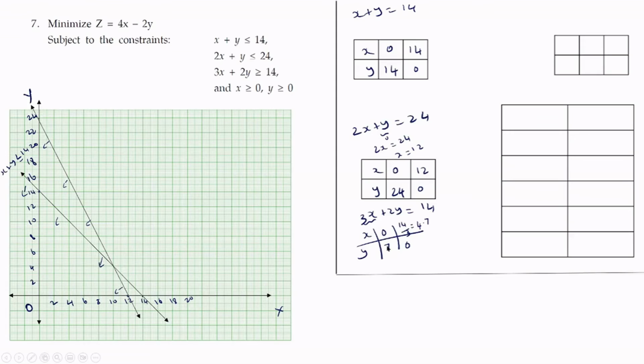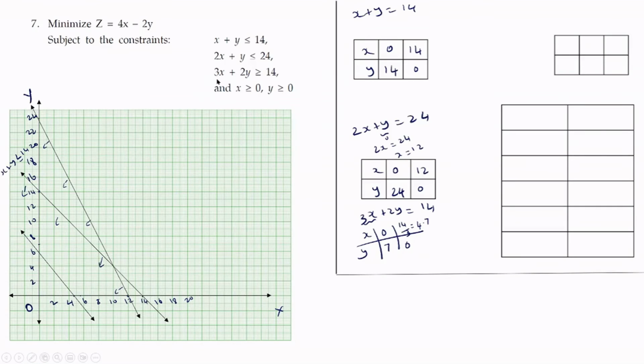So the points are (0, 7), which is here, and (4.7, 0), which is somewhere here. So this is the line corresponding to 3x plus 2y equal to 14.